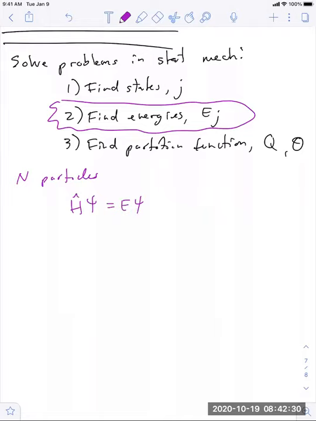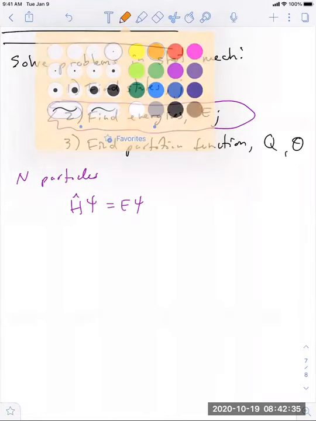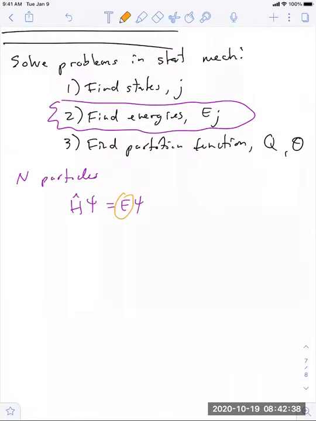So we have some Hamiltonian that acts upon the wave function of this entire n-bodied system, and that's really the only way we can definitively get exactly what the energy is. If you've taken any physical chemistry or intro to quantum mechanics, you know that we can only solve the Schrodinger equation for maybe one particle or a very simple system, but we certainly can't do it for 1 mole of particles all at once. So we can't do this for an n-body system where n is anything reasonably large.